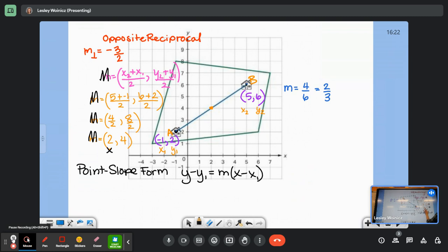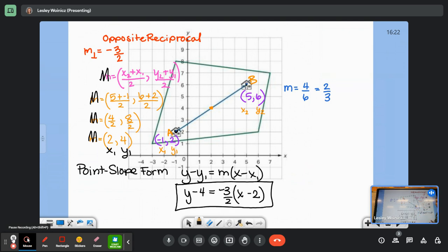Here's my x sub 1, here's my y sub 1. Y minus 4 is my y sub 1. My m is negative 3 over 2. And then I have my x sub 1, which is 2, so x minus 2. This is point slope form of the equation for my fence.